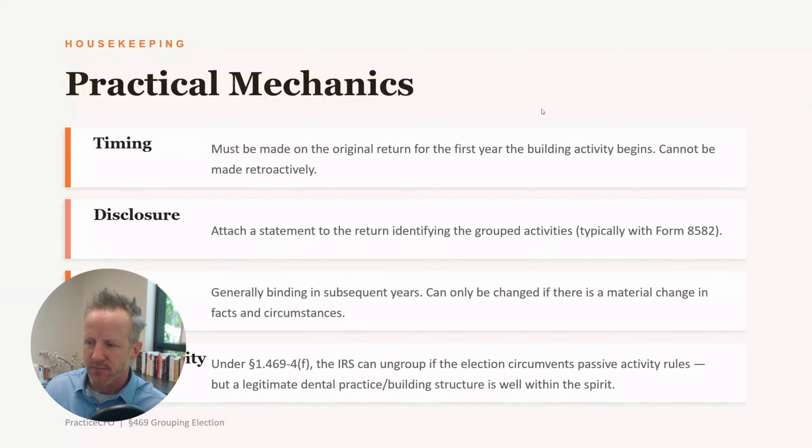Okay, let me try to give you one reason possibly. If a doctor buys a dental practice and a building at the same time and groups those, usually the doctor who buys the dental practice, and let's assume this is their only dental practice, they run a very low income typically in the first few years because there's already a lot of depreciation in the practice S corporation already.